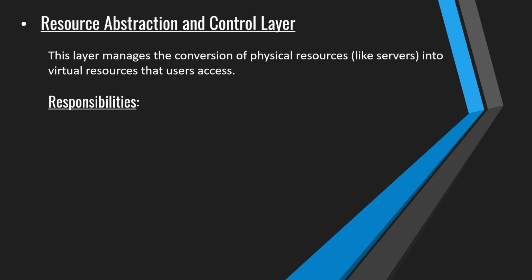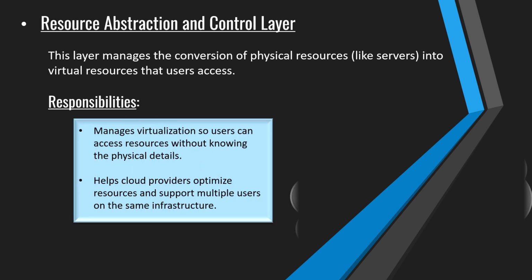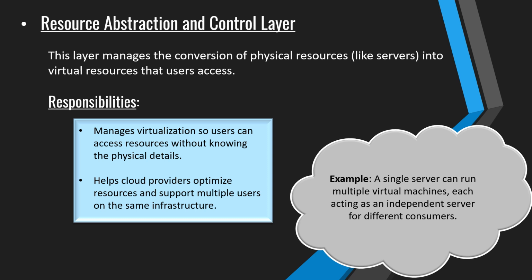It's like dividing one hotel room into separate suites for different guests. The responsibility of resource abstraction is managing virtualization so users can access resources without knowing it. We discussed it previously. For example, a single server can run multiple virtual machines, each acting as an independent server for different consumers.